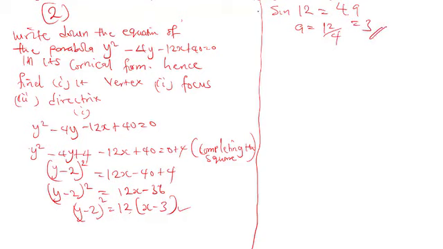Now let's look for the vertex. The vertex, I, is x, y, which equals 3 and 2. So that's it for the vertex.